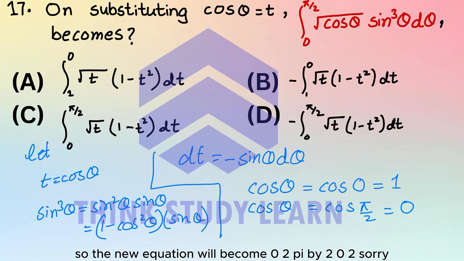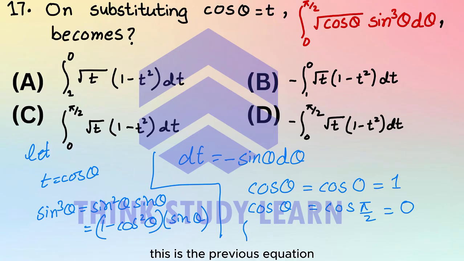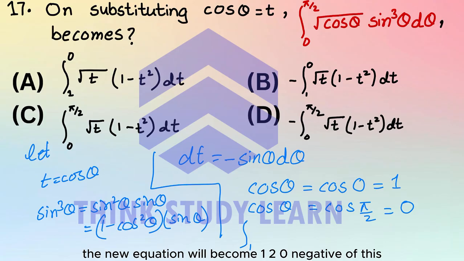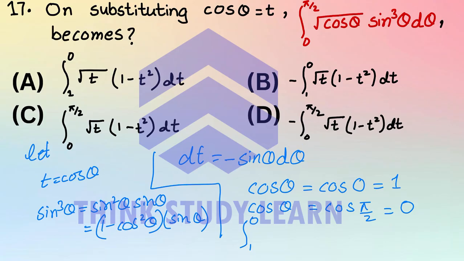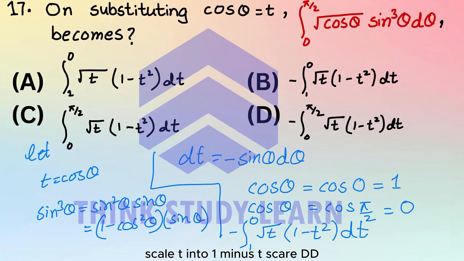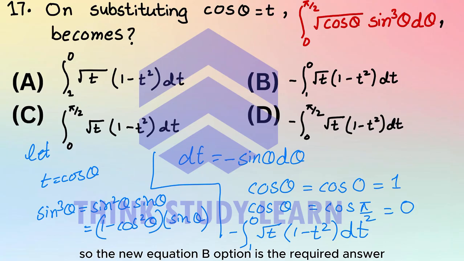So the new equation will become 1 to 0, negative of square root t into 1 minus t square dt. So the new equation, B option, is the required answer.